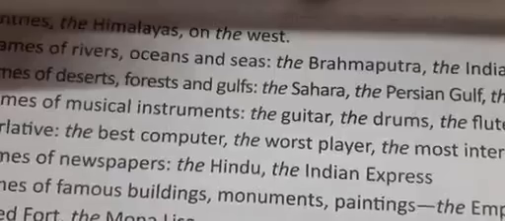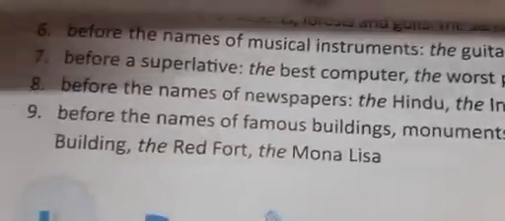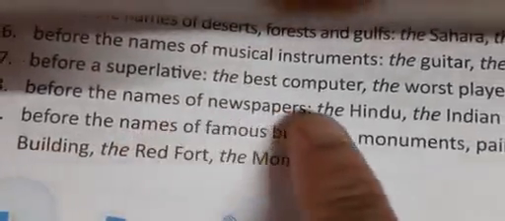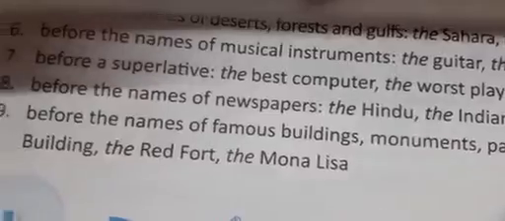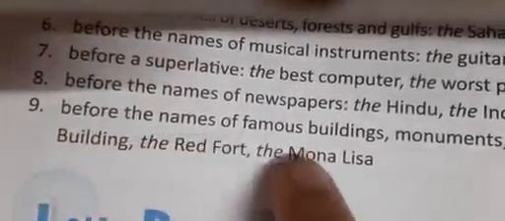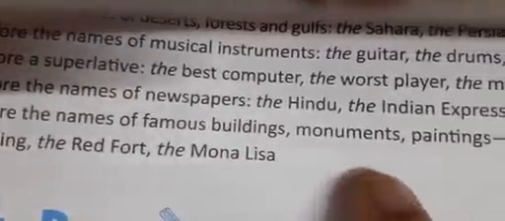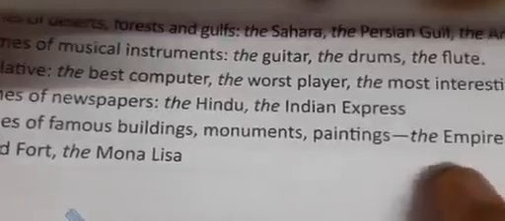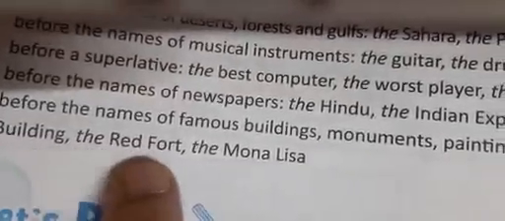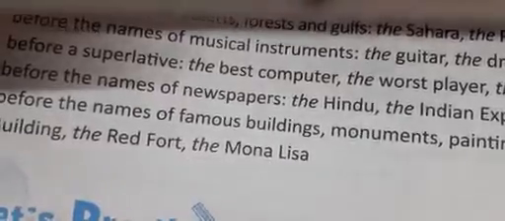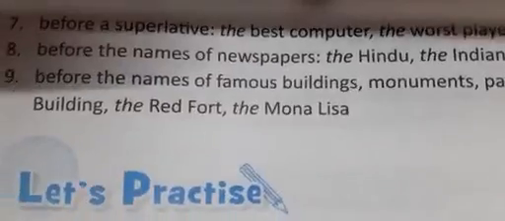Before the superlative degrees, we use the. Eighth, before the names of newspapers: the Hindu, the Indian Express, the Rajasthan Patrika. Ninth, before the names of famous buildings, monuments, paintings: the Empire State Building, the Red Fort, the Mona Lisa. This is the use of the.